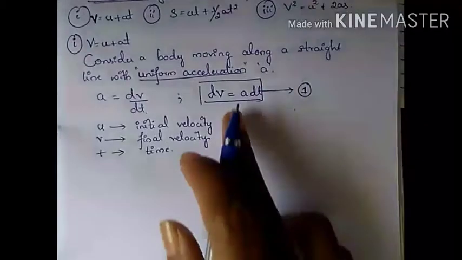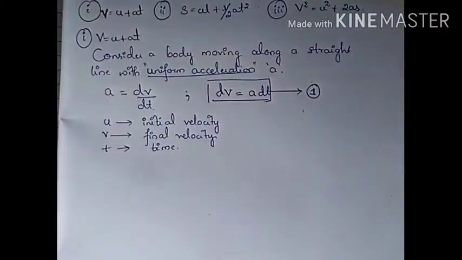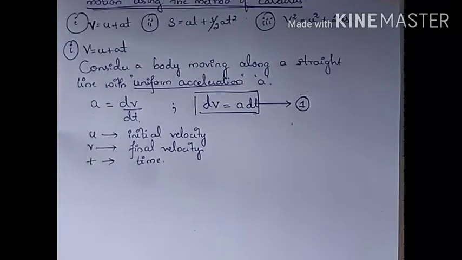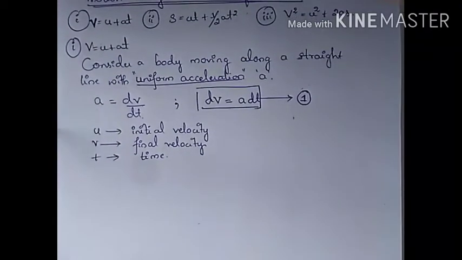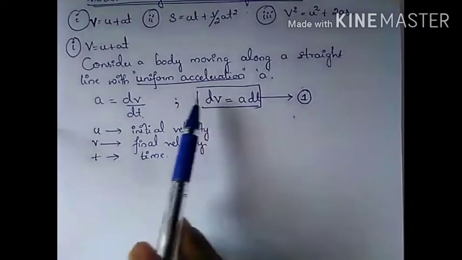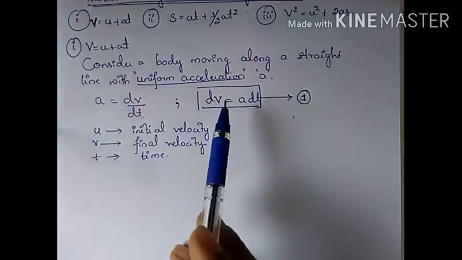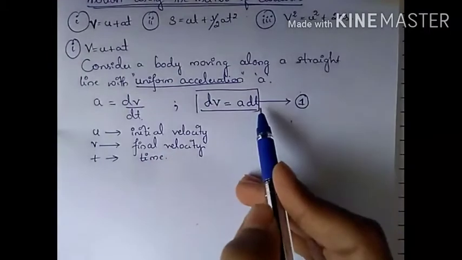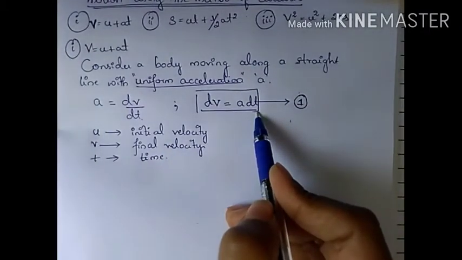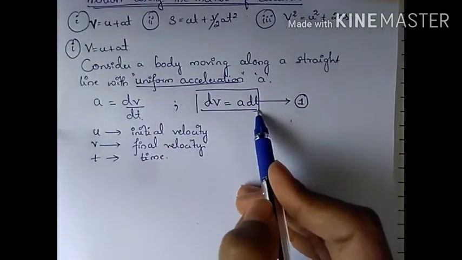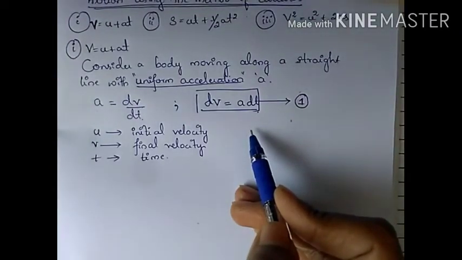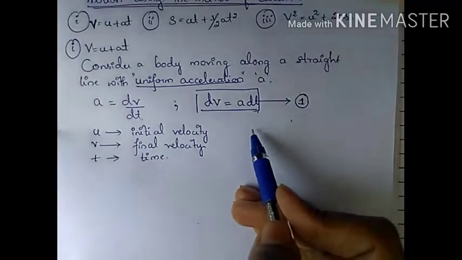Now this equation needs to be integrated with the proper limits. By proper limits I mean, if you are integrating velocity, then the limits need to be in velocity. If you are integrating time, then the limits for this integration should range from time 0 to time t.